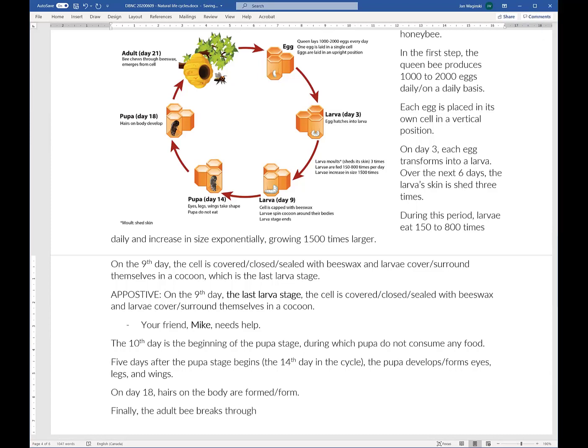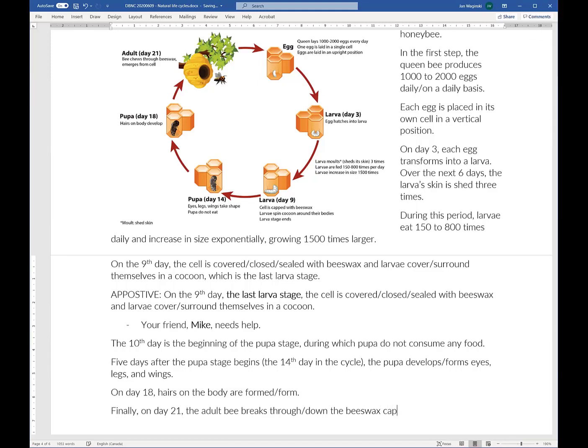So we can start on day 21. The adult bee breaks down the beeswax wax cap.